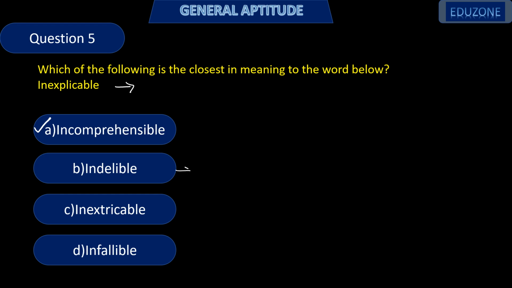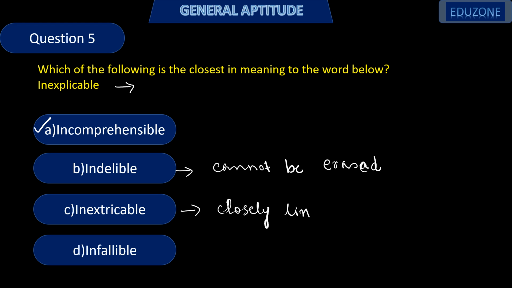Now we will see the remaining words. Indelible. Indelible means something that cannot be removed or erased, like past memories that cannot be erased. Now inextricable: something impossible to separate, very closely linked. Now infallible.